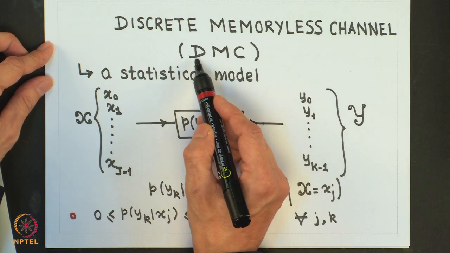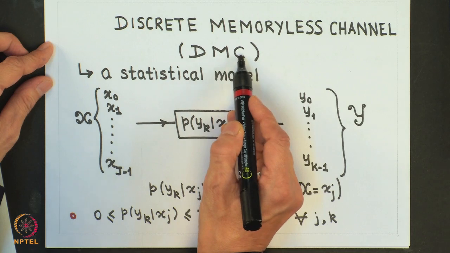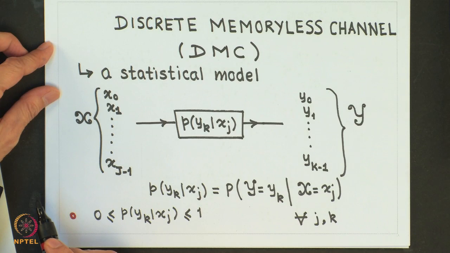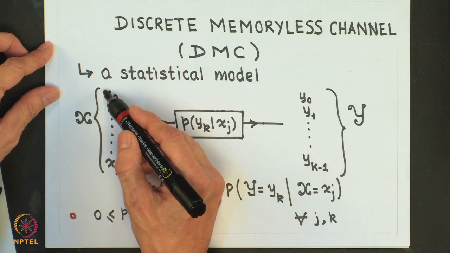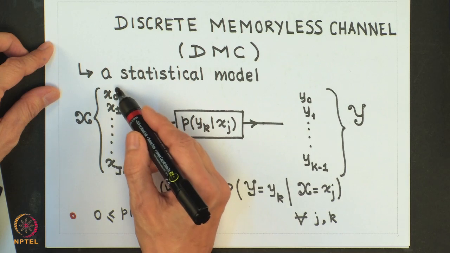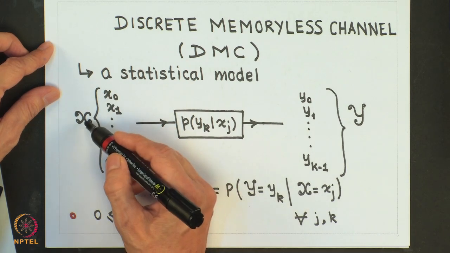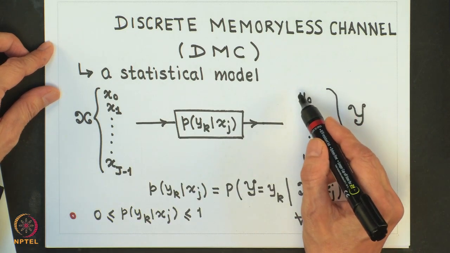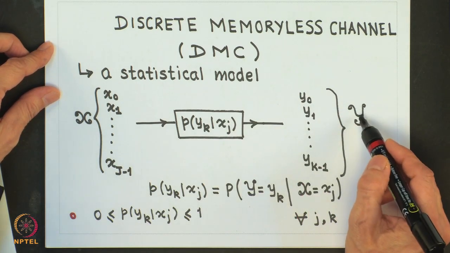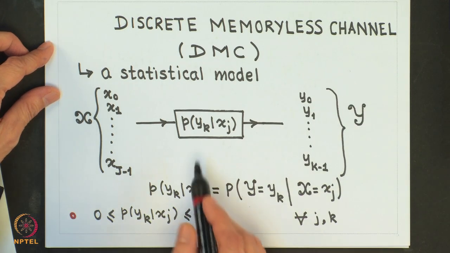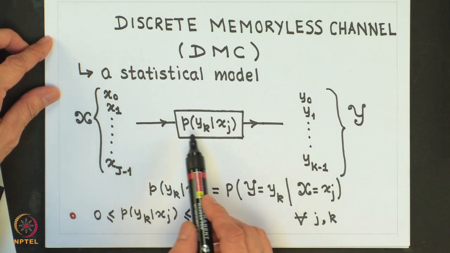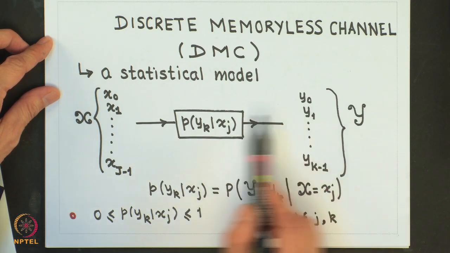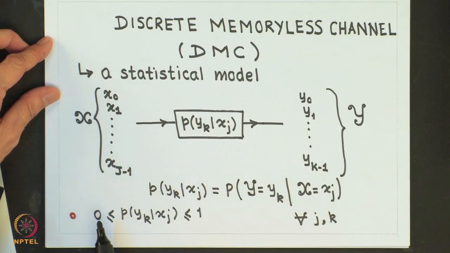So, we define what is known as a discrete memoryless channel as a statistical model which has an input which is a symbol from input alphabet x, has an output which is a symbol from output alphabet y, and there are conditional probabilities associated between the output and the input.